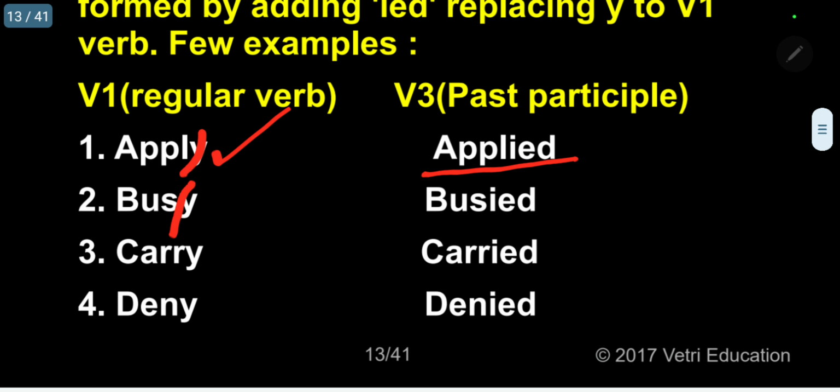Ending letter Y. Consonant S. So, IED, Y is removed. Carry, ending letter Y, consonant R, Y removed, IED added. Deny, N consonant, so IED is added. So, apply, applied. Busy, busied. Carry, carried. Deny, denied.